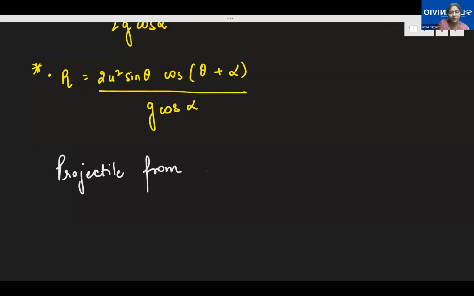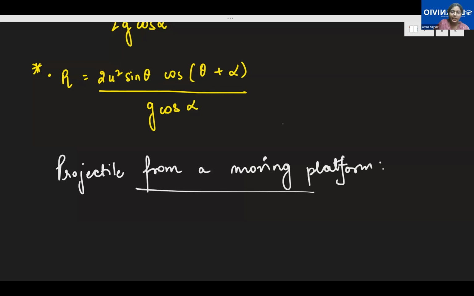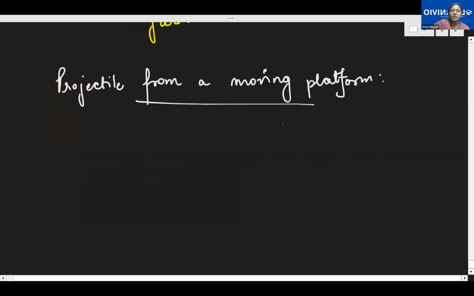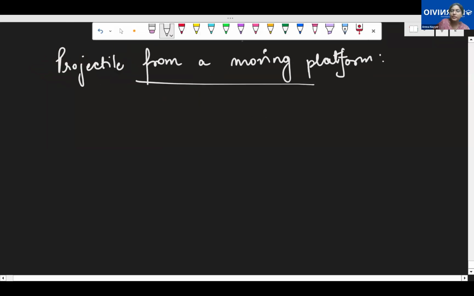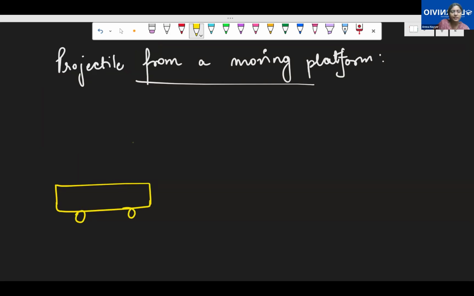Projectile from a moving platform. Like, see, if I say an example, let's say there's a car and a person is standing on this car.